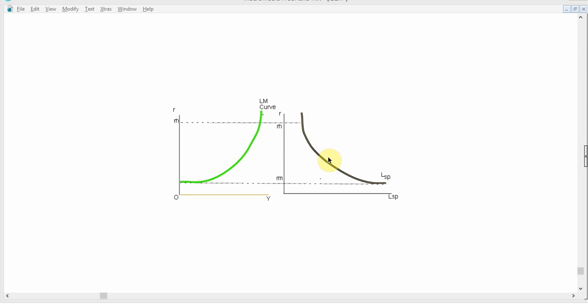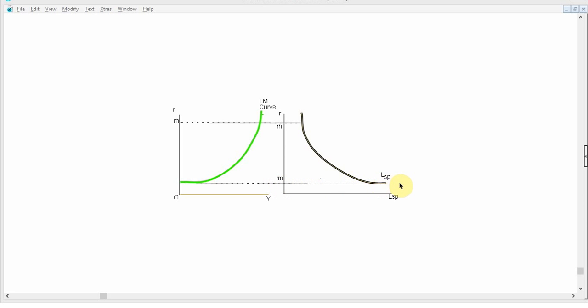In this figure, we see that the LSP curve has three different segments. At a very low rate of interest, like this minimum rate of interest RM, the speculative demand for money is almost horizontal. This implies that at this rate of interest, money demand can increase infinitely without a change in interest rate.